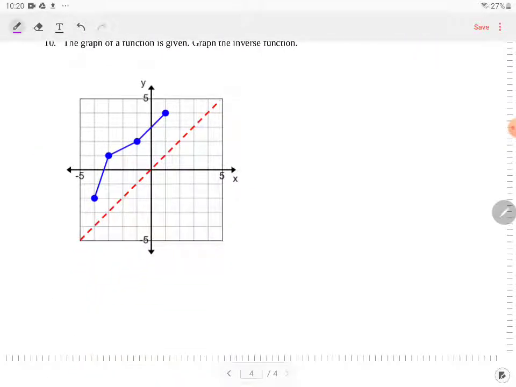Now, if you're given a graph, the easiest way to find the inverse is to make a table of your original values. And then we're going to find the inverse by switching x and y.